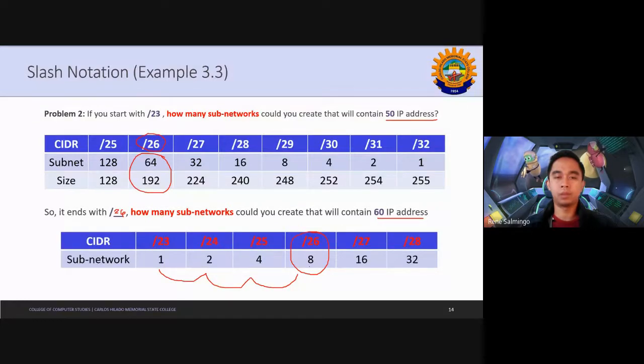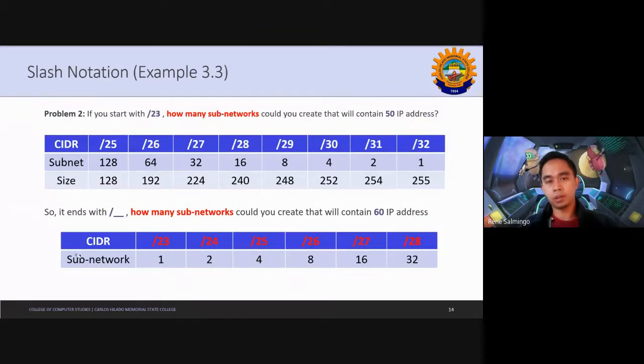Okay. So you always make your table, and after that you need to count the end value. Let's say, for example, you have 30 IP addresses. Okay, I will erase this. Let's change the question.